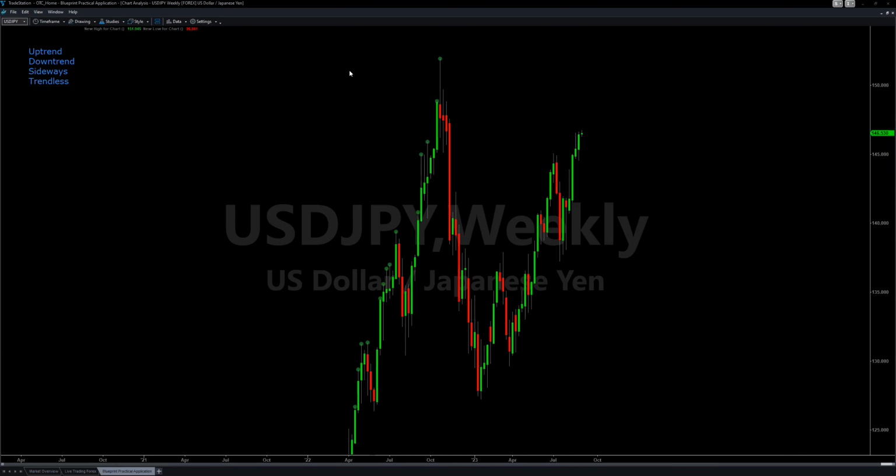We're using a tool to identify the trend, the direction. We'll look from the right to the left, okay, and we will highlight significant pivots, turning points. We're here right now. That's not a turning point right now, right?